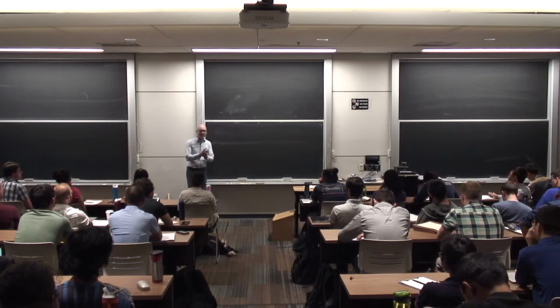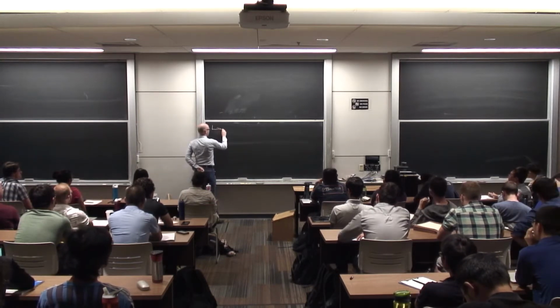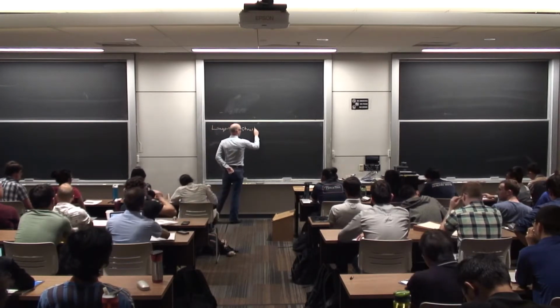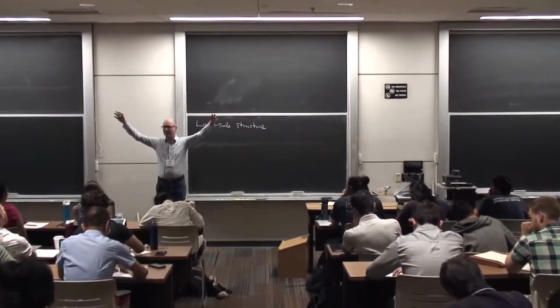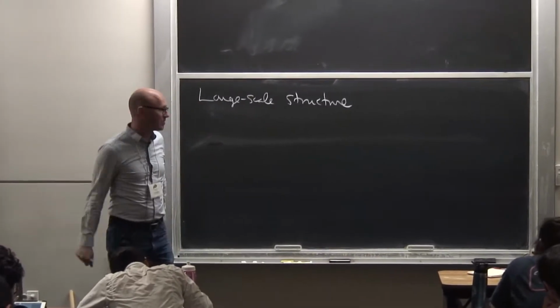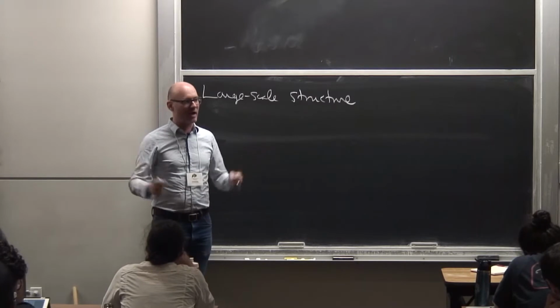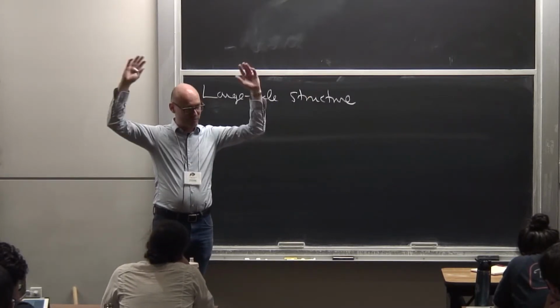Okay, good. So I'm going to talk about large-scale structure. The idea is the universe starts in a homogeneous state, and things collapse because there's gravitational attraction, collapse into structures which you can think of as being not exactly galaxies, but collections of galaxies and voids and so on.